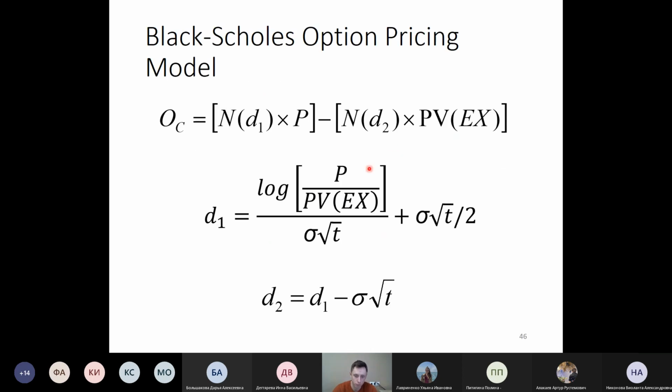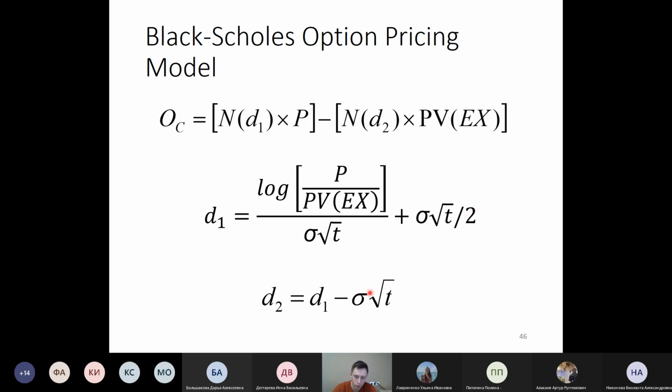In order to estimate it, we use the following formula. So this is the natural logarithm of the ratio of the market price to the present value of the exercise price. Here we would have a standard deviation, the fraction of the period, and this would be the formula.